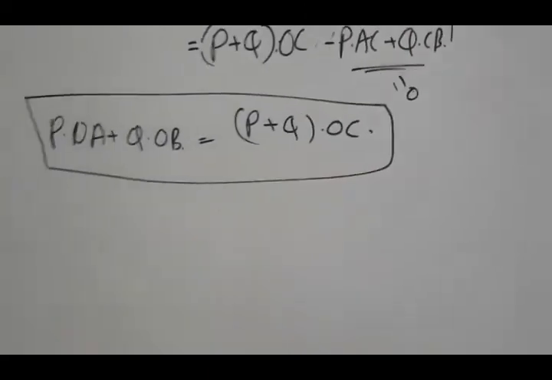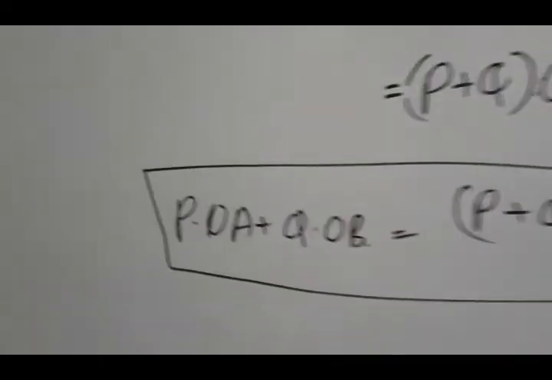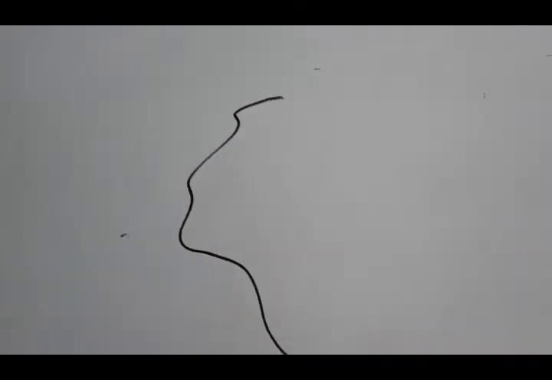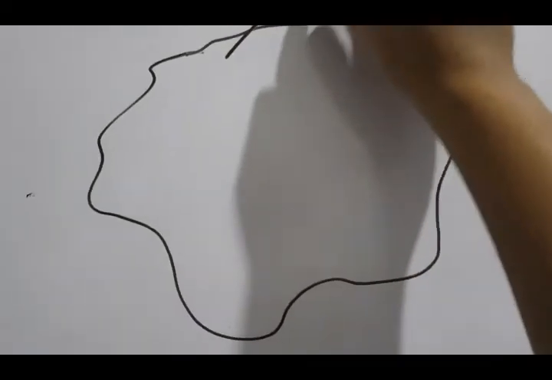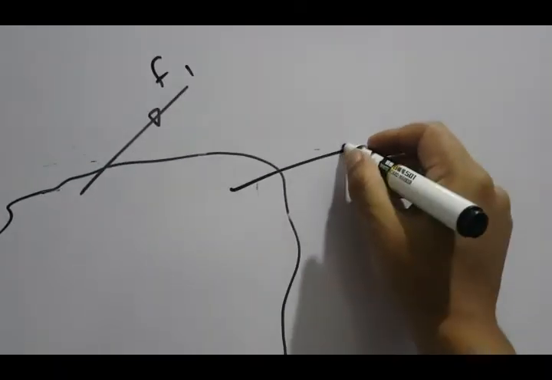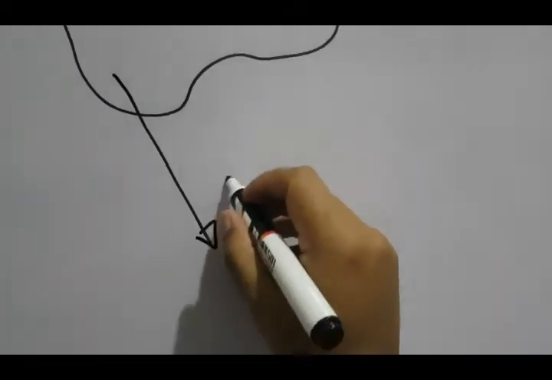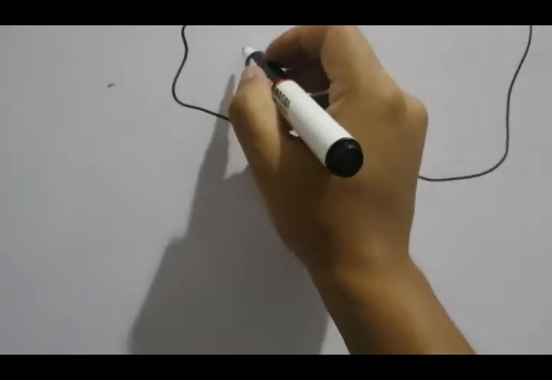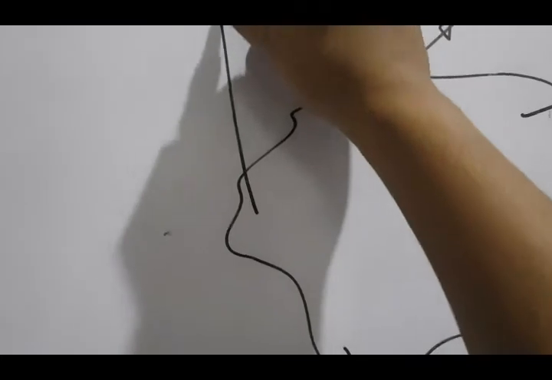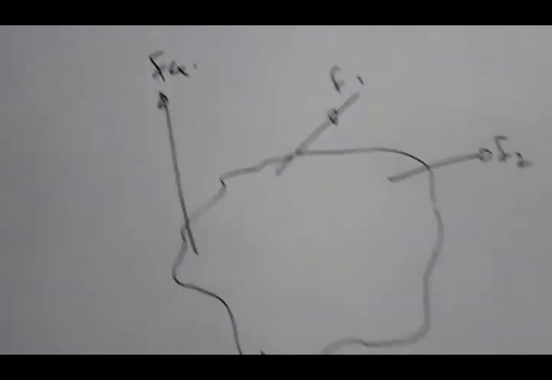So we can generalize this principle to any number of coplanar forces. The general principle of moment tells you that, let's say we have many forces in a plane, F1, F2, F3, and likewise, so you get the gist, F4, right?